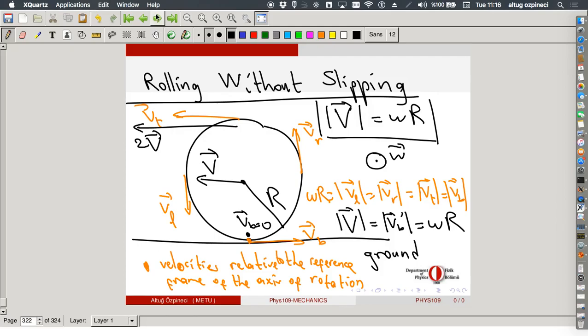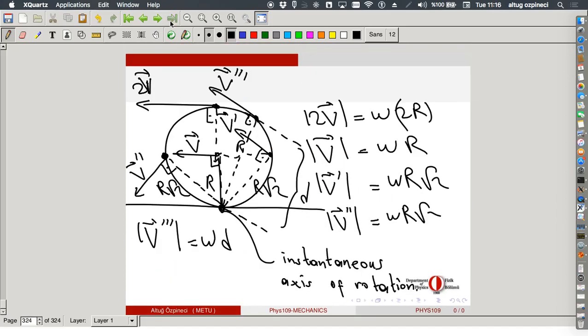Now let's go back to this example, this case. So now we have two axes. Okay, first of all, why is the angular velocity the same? If you look at this picture, this example, we have two different representations of the same thing.